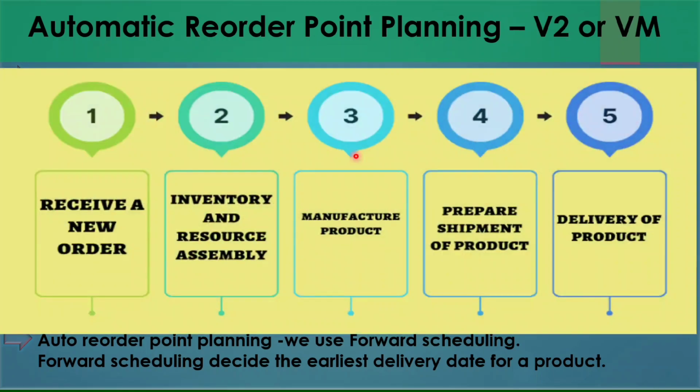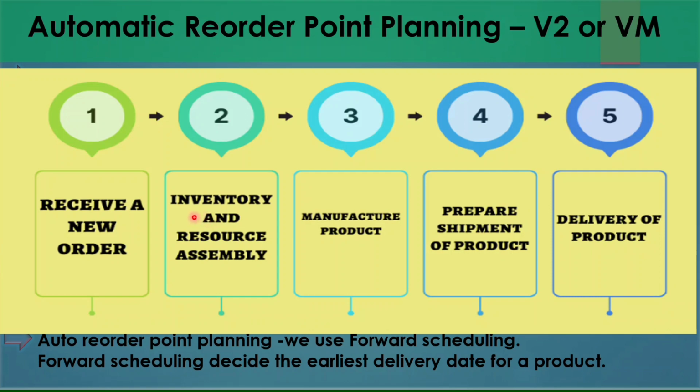Once you receive an order or requirement, you immediately start gathering resources. Once you have resources, you perform assembly or manufacturing of that product. Once the product is done, it is immediately shipped and delivered. This is forward scheduling of any product.